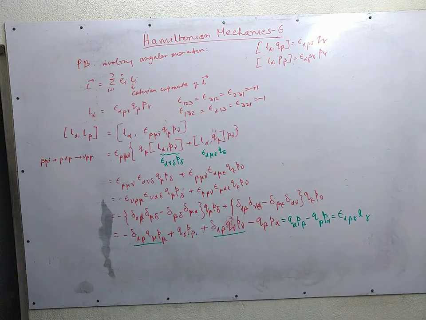So we have proved all these relations involving the Cartesian components of angular momentum, the Poisson brackets. We have evaluated the Poisson brackets involving the Cartesian components of angular momentum. The relations look very similar to the corresponding quantum relations. The only thing is that in quantum mechanics the dynamical variables are operators, so the ordering matters over there.